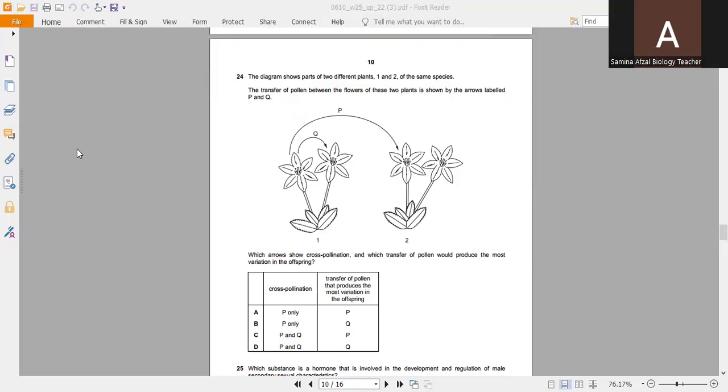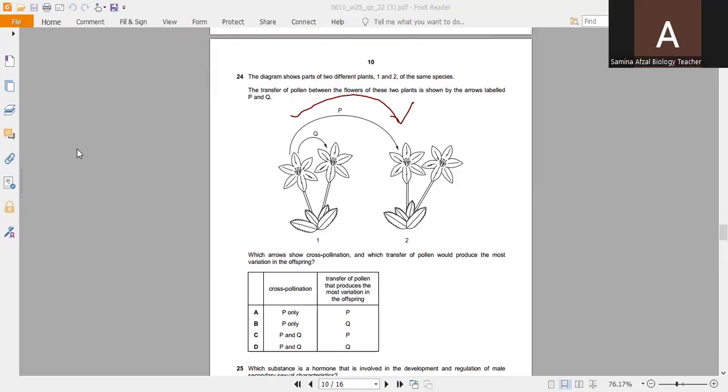Here you can see, first of all, I would like to tell what cross-pollination is. It is the transfer of pollen grains from the anther of a flower on one plant to the stigma of a flower on a different plant of the same species. So the arrow P shows the pollen moving from plant 1 to plant 2. You can see over here.